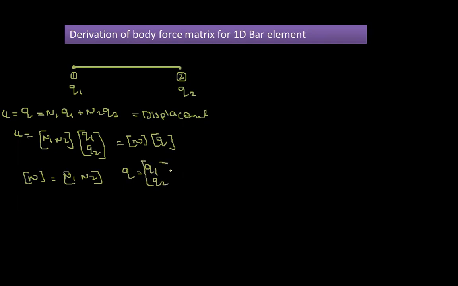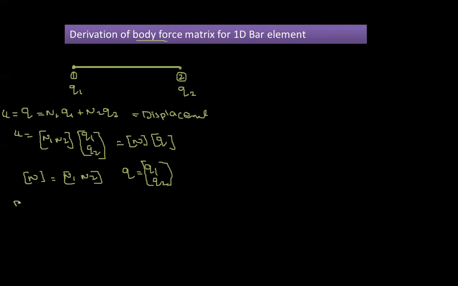So using this notation, today we're going to see what would be the body force vector for a simple bar element. To define that, from the potential energy equation, let us recall the body force term.